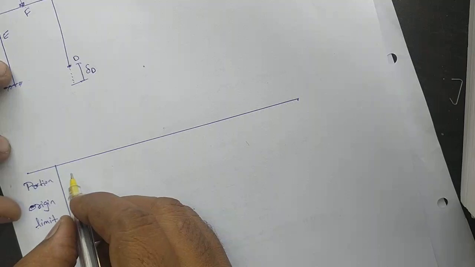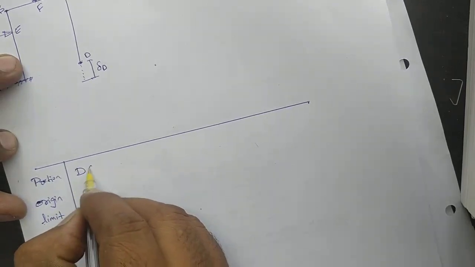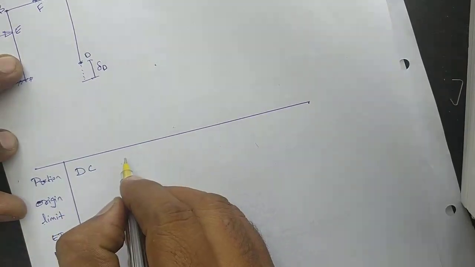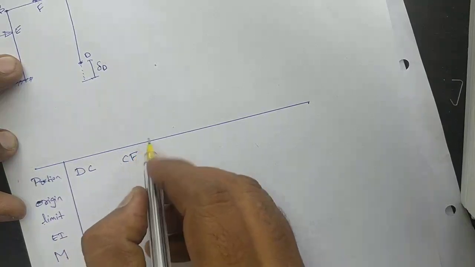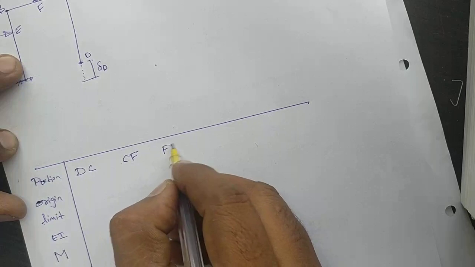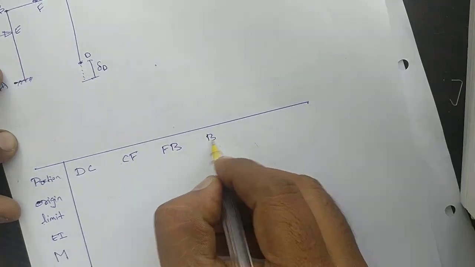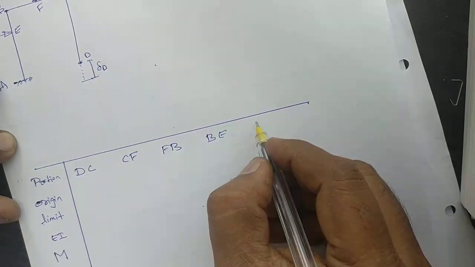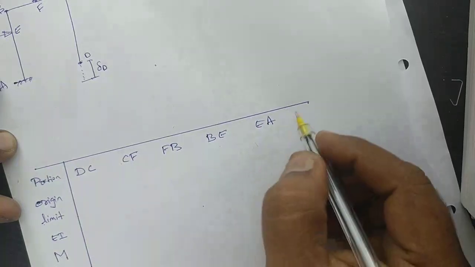So I'll write the portions here: DC, CF, FB, BE and EA.